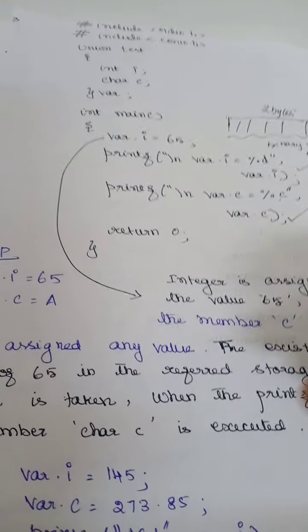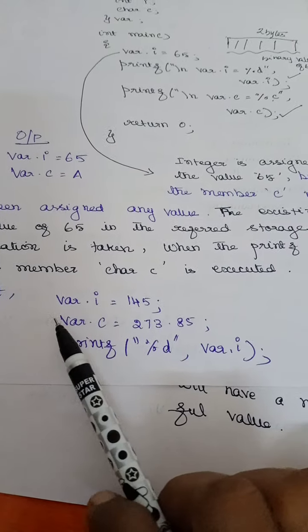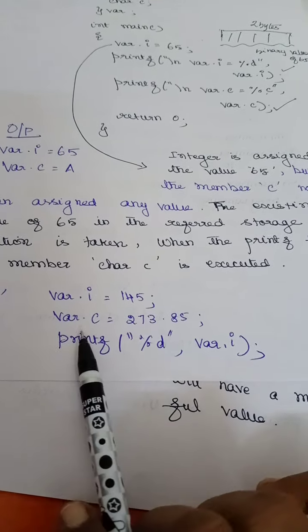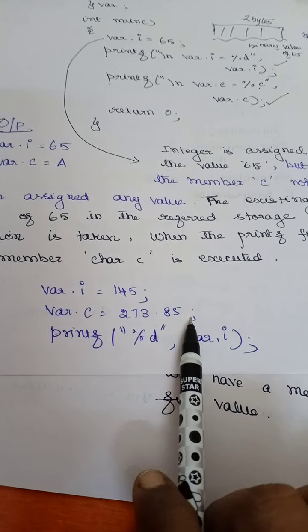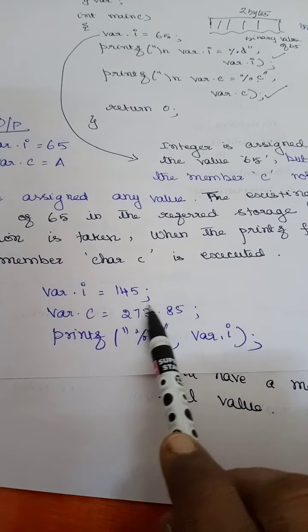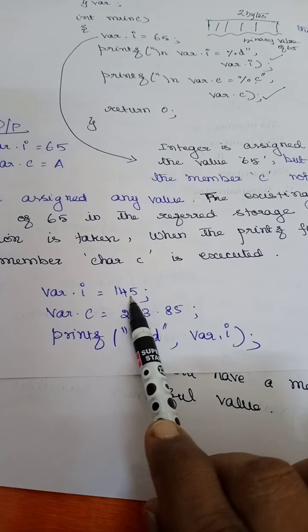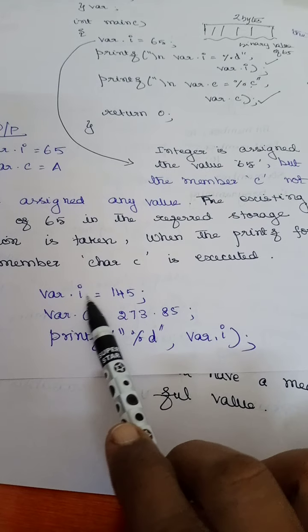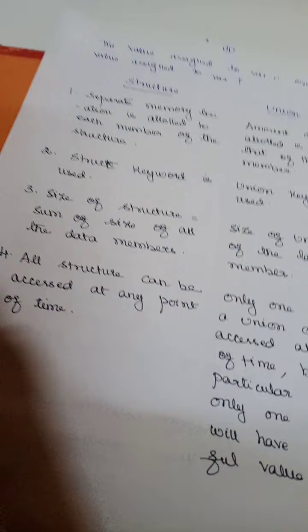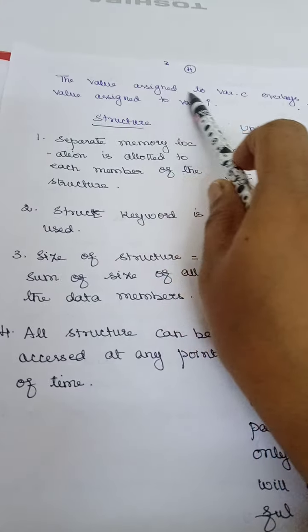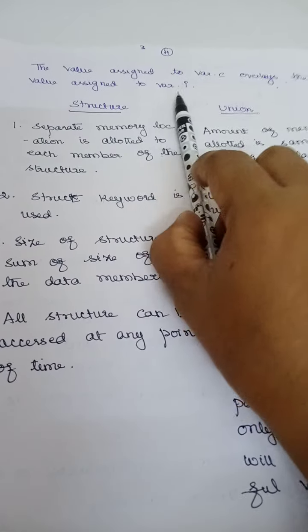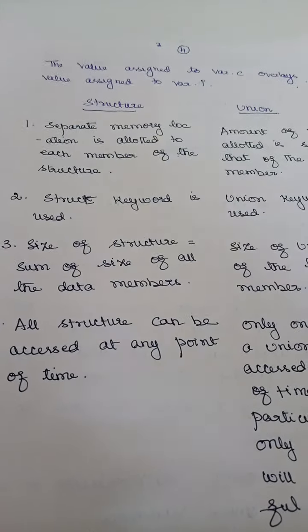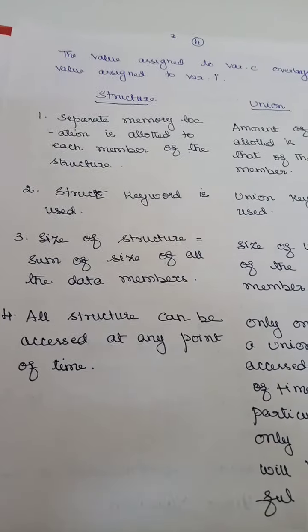But if you take the reverse order, for example, if you take var.i equal to 145 and if I write var.c equal to 273.85, then in that case this will override the value of 145 and the i value will not be printed. Is that clear? Right. The value assigned to var.c overlays the value assigned to var.i, because your character can accept only 1 byte.